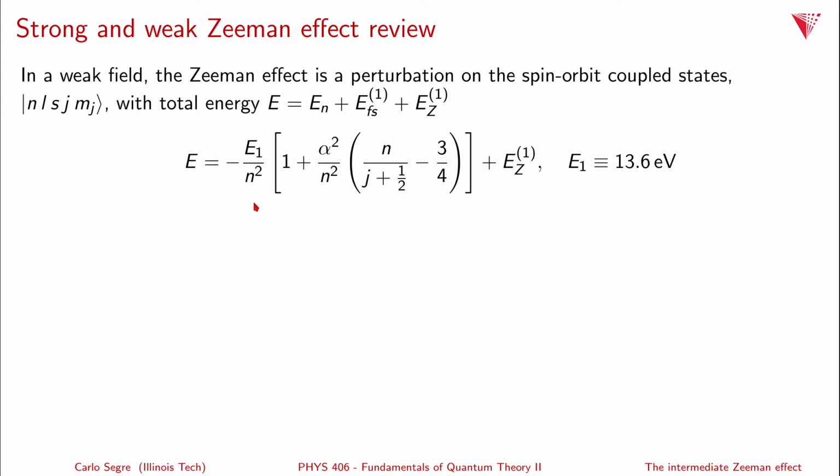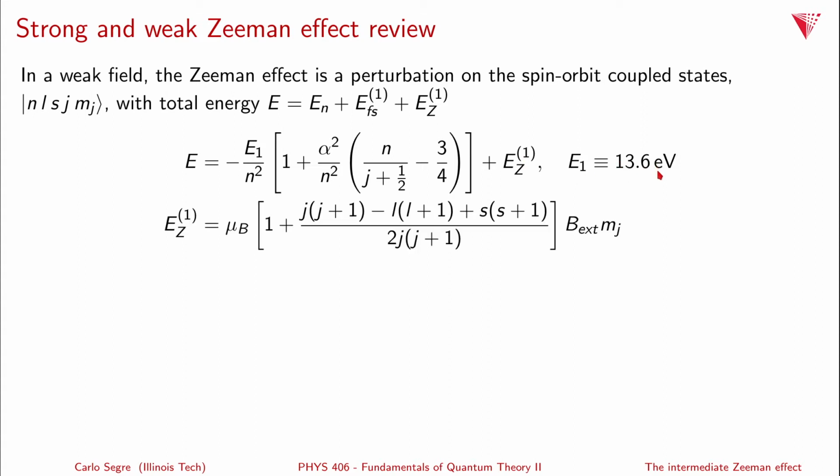We can write this energy as minus E1 over n squared times the quantity 1 plus alpha squared over n squared, where alpha is the fine structure constant, times the quantity n over j plus a half minus 3/4, and then you add in the Zeeman correction, E sub z1. E1, of course, is 13.6 electron volts.